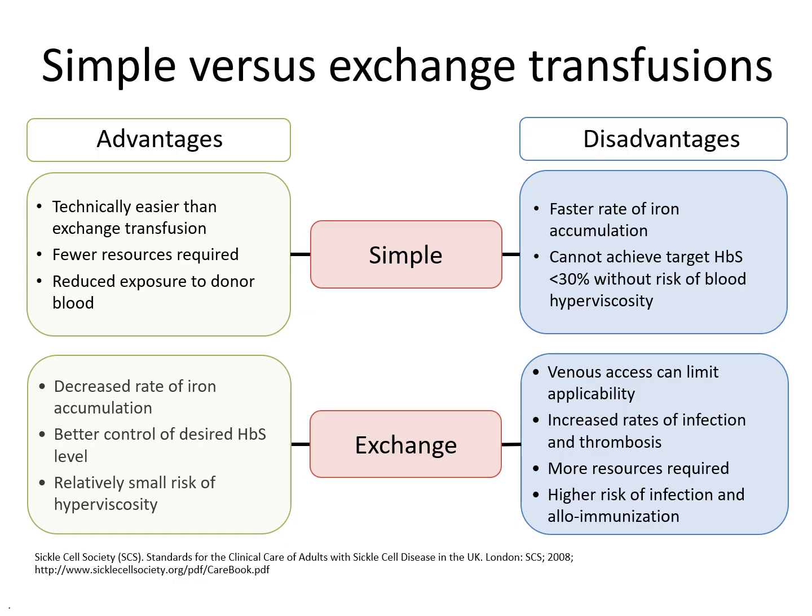Now, they both have advantages and disadvantages. Exchange will expose patients to more units of blood, simple to fewer units of blood. Exchange requires venous access. A simple is a lot easier to do. The exchange prevents iron accumulation.